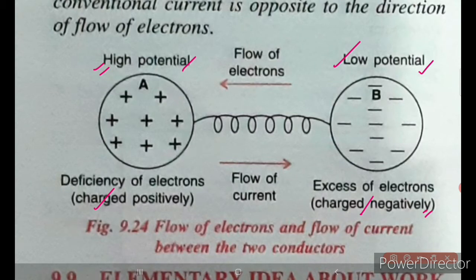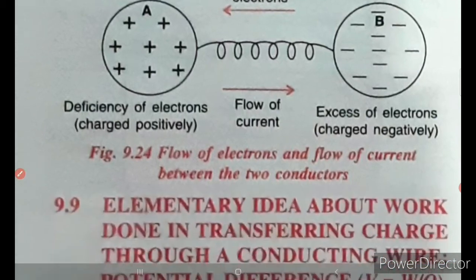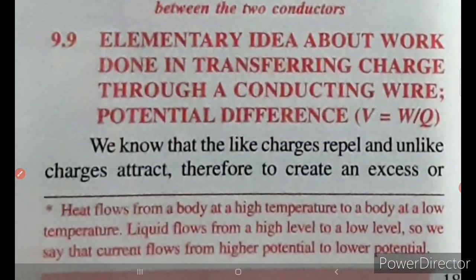Now let us go to the next topic, which says elementary idea about the work done in transferring charges through a conducting wire, that is, potential difference V equals W upon Q. When we started this particular video, we said that a positively charged body is connected with an uncharged body, or a negatively charged body is connected with an uncharged body, or a negatively charged body is connected with a positively charged body.